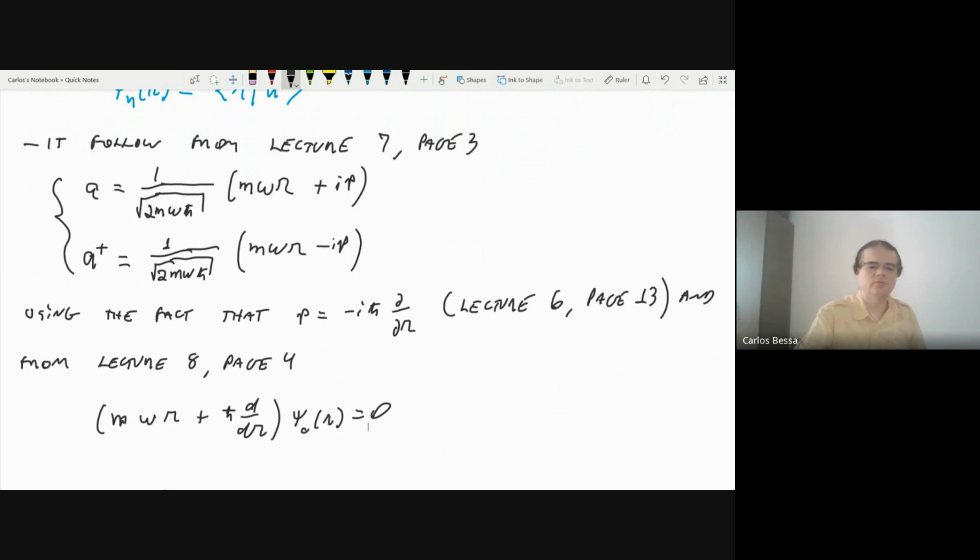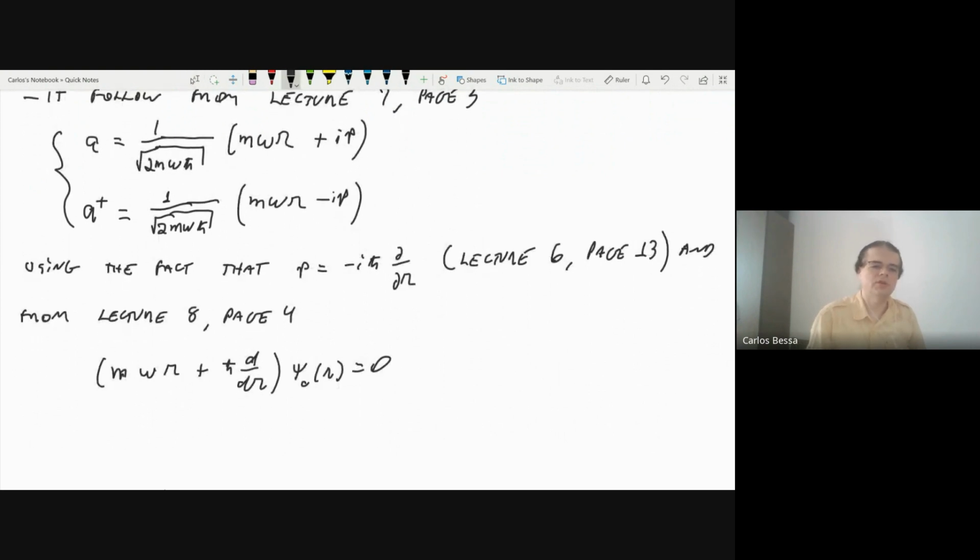And the solution we found in this lecture 8, page 4, the psi 0, this n equal to 0, of R is 1 over pi R0 exponential of minus R squared over R0 squared. And this R0 we define as this constant.